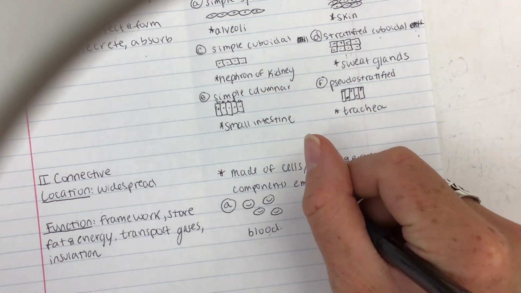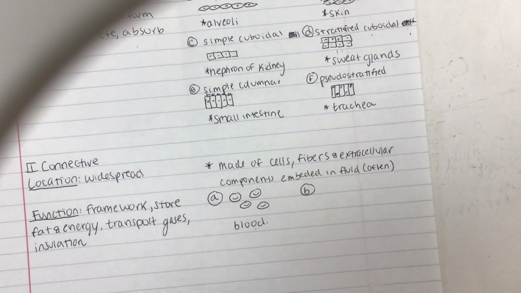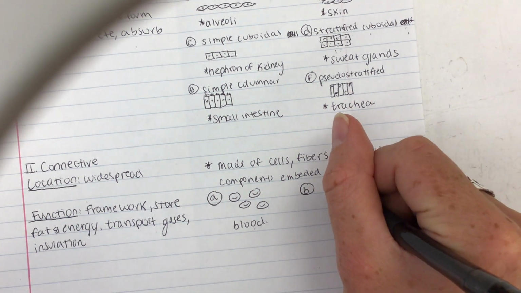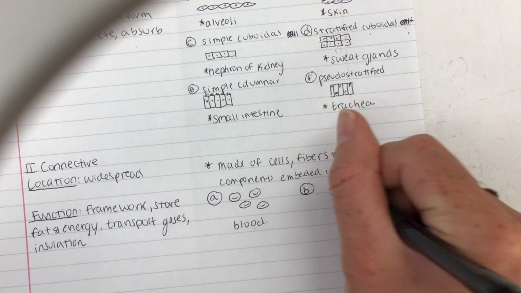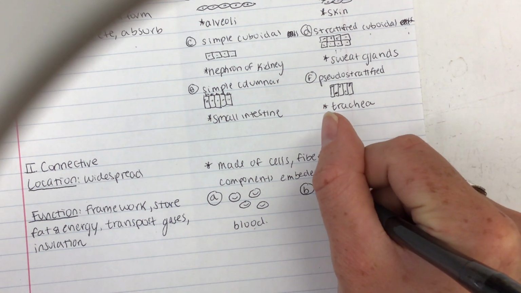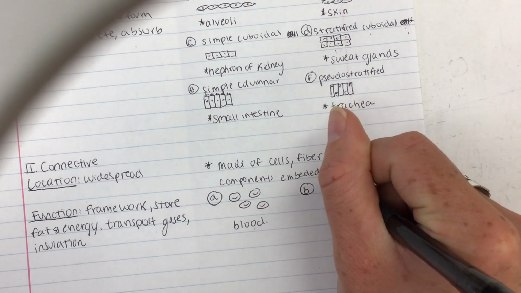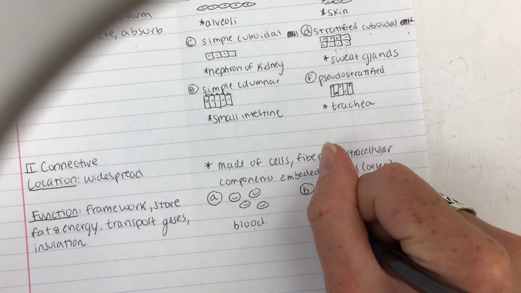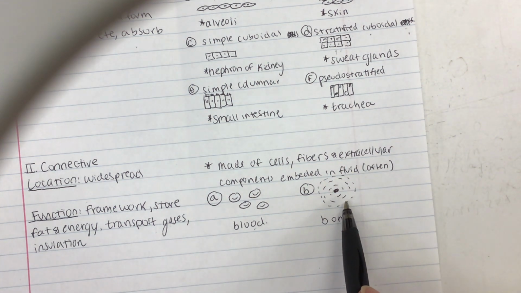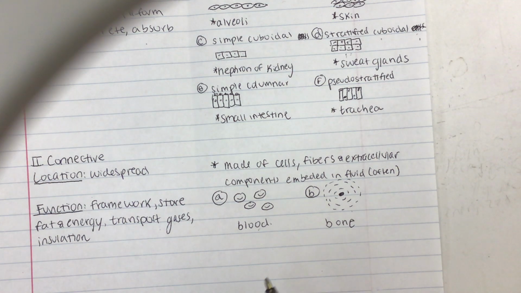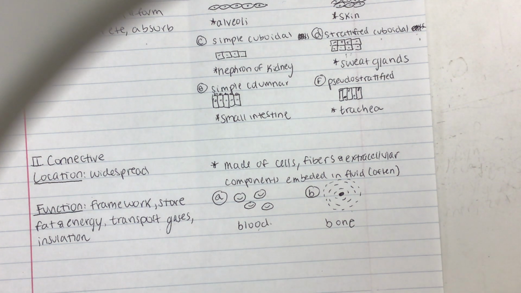Let's see, letter B. This is going to look super foreign, I think, and odd. And so we're just going to draw a dot in the center and some lines around it in layers. And so what I'm drawing here is the organization of bone, surprisingly. We have these units repeating over and over again in bone. And within these units, there's cells, all different types of cells.